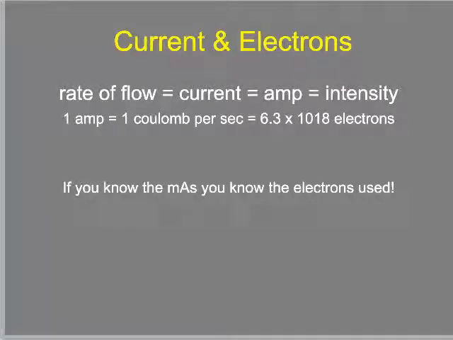So if I am wondering in the back of my mind why all this matters, right? It all goes back to the X-ray tube, right? That's why I need to know about this stuff.